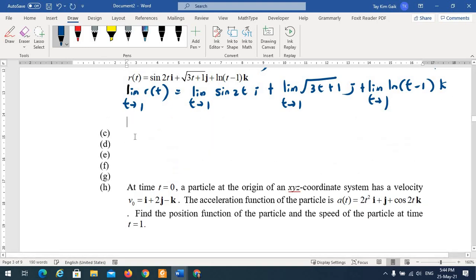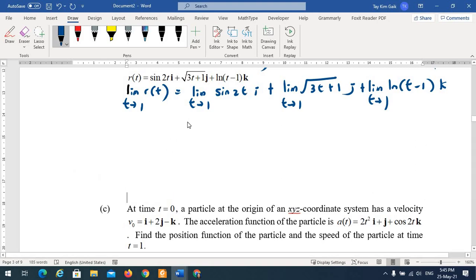Okay, and then you find the limit of each component. To find the limit, the first step is to plug in t equal to 1. Sin of 2, so for component i you have sin 2 i.